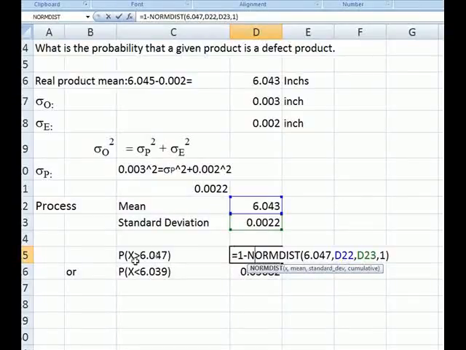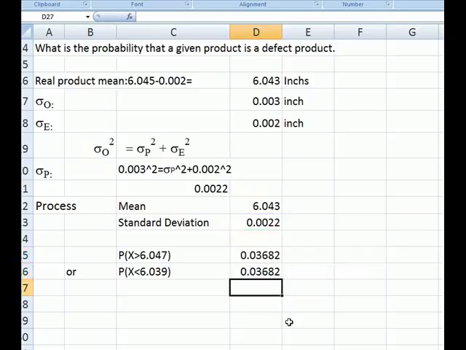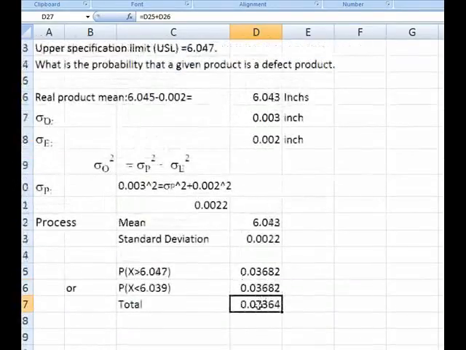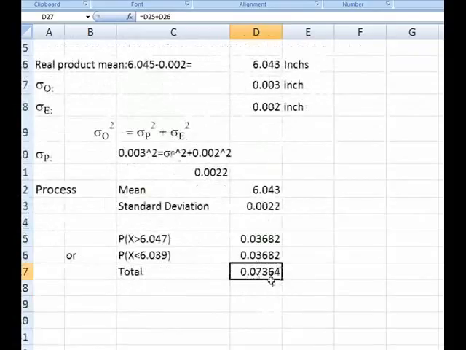Alright, so the total probability of these two is this one plus this one. So the probability for a given product to be a defect product is going to be 0.07364.